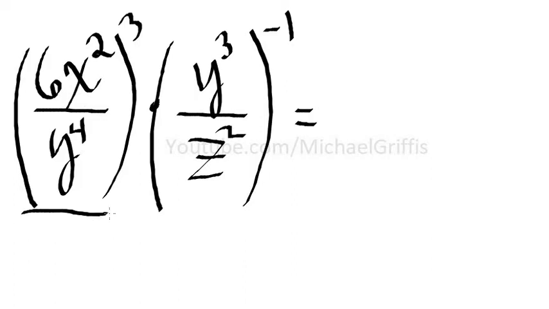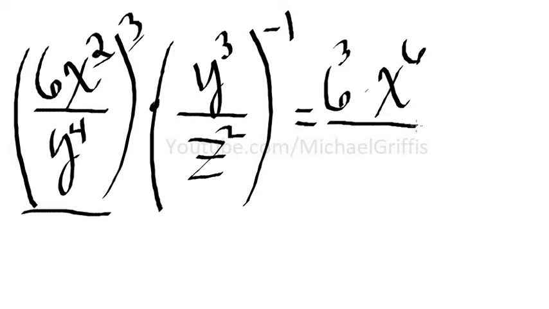So let's take a look at this one here. We got to do something with this 3 up here. So we're going to write 6 to the 3rd power times x. We multiply our exponents, so that's x to the 6th over, we have y to the 4th, but we got a 4 times 3, so that's going to be y to the 12th power.